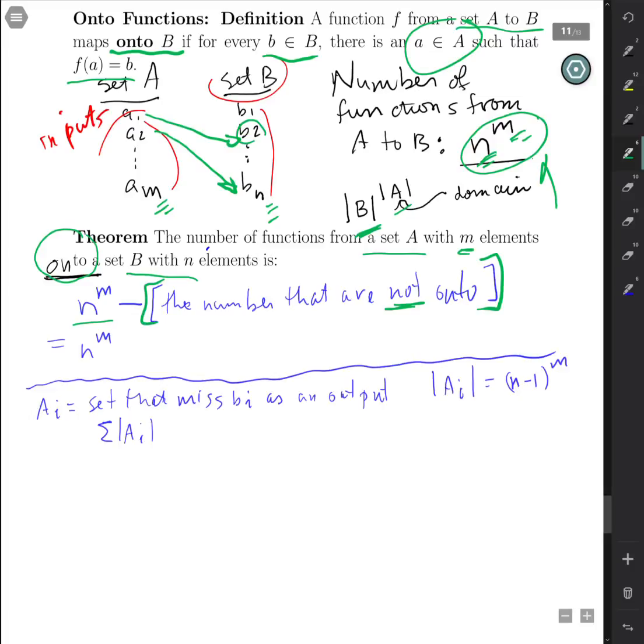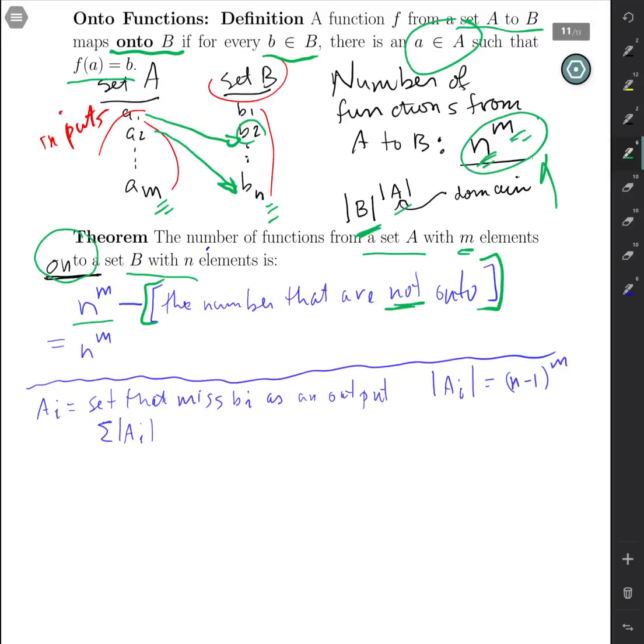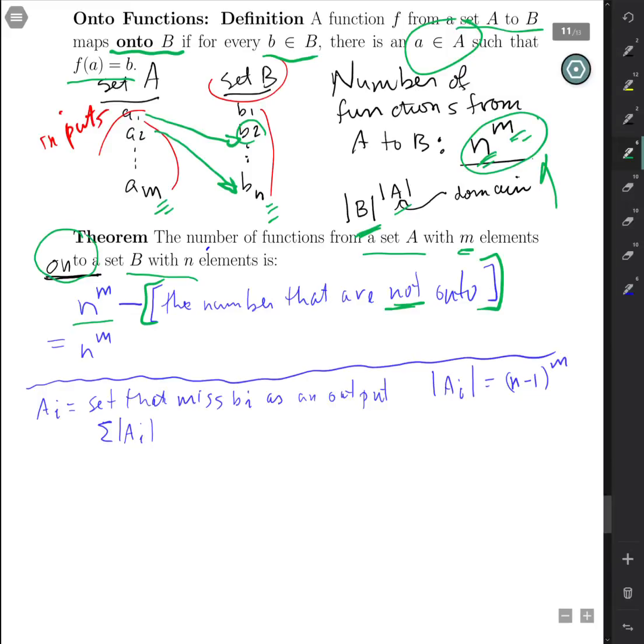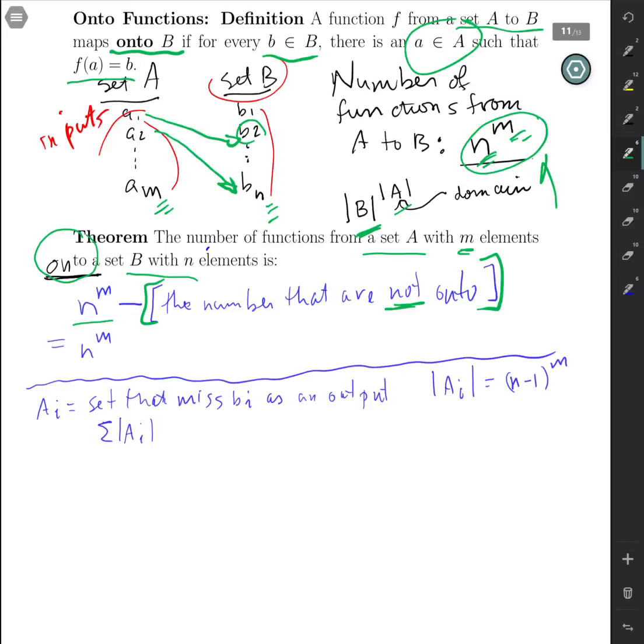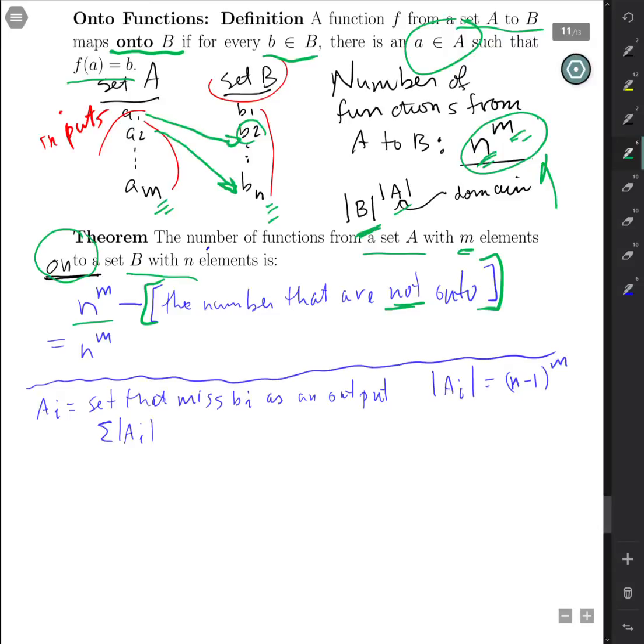This part right here, we're going to analyze by looking individually at the number of functions that miss one of the potential outputs at a time, and then two, and so forth. So for each i, Ai is the set of functions that miss output bi, say bi is up here, and we're going to miss that as an output.